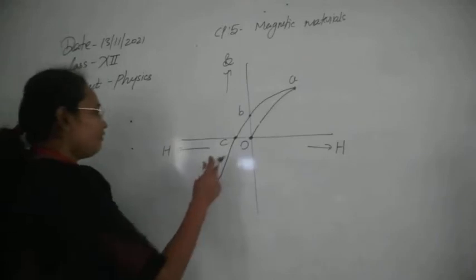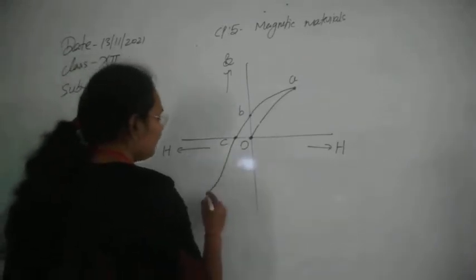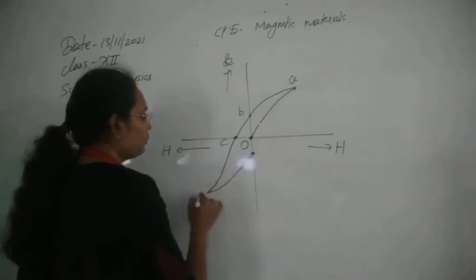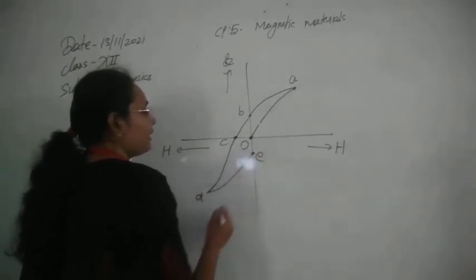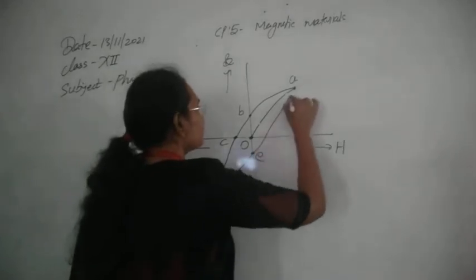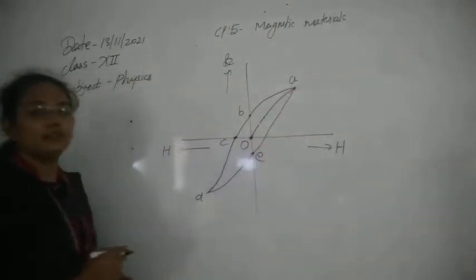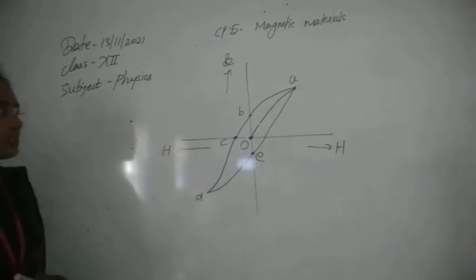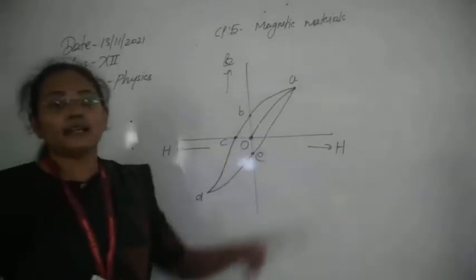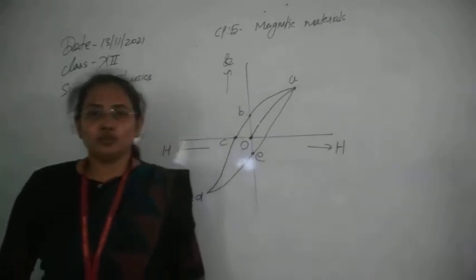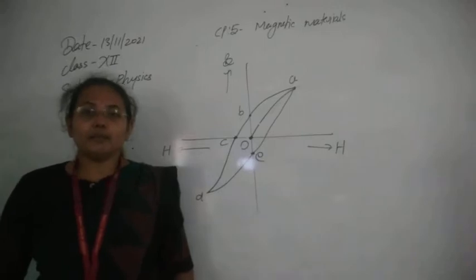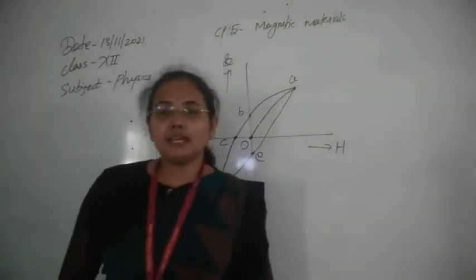And again if we start to decrease the field, it will follow this kind of graph and go from D to E, and if we increase it in the positive direction, the sample will show this kind of loop. This loop that you are seeing, from A, B, C, D, E, A, is known as the hysteresis loop. We call it the hysteresis curve, and it is plotted between the magnetizing field and the magnetic induction.